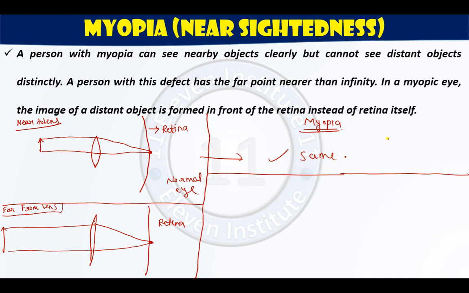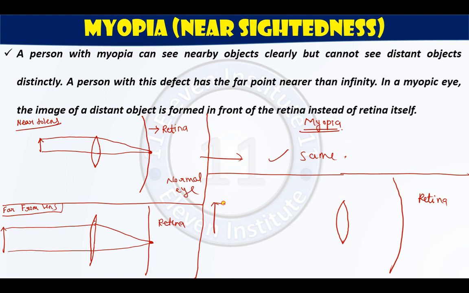But if a person has myopia and that person has to see a distant object, suppose this is a distant object, here I am having the retina, and this lens is kept over here, but it will remain as it is. Why? Because this lens has lost its power of accommodation. This lens is not changing its focal length appropriately. Why? Because it is suffering from myopia.